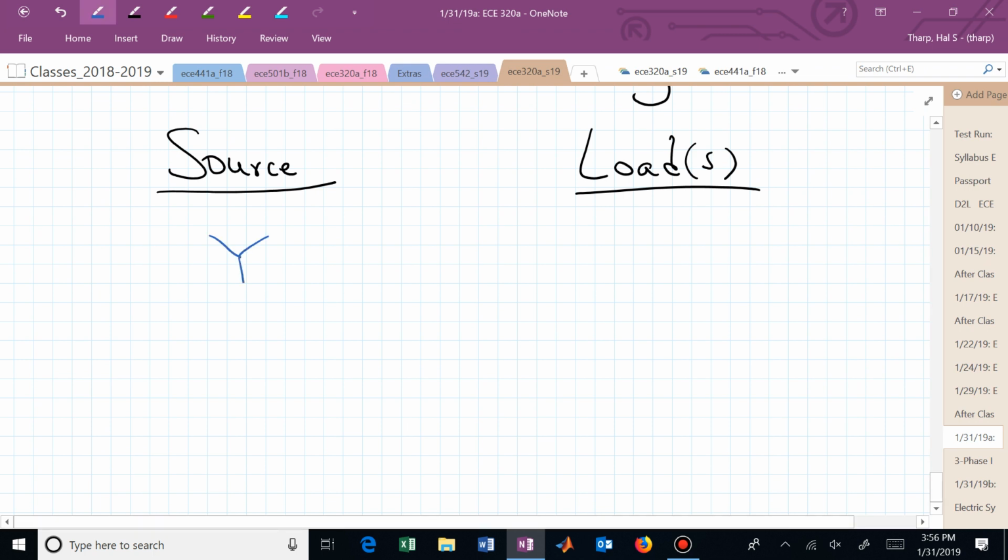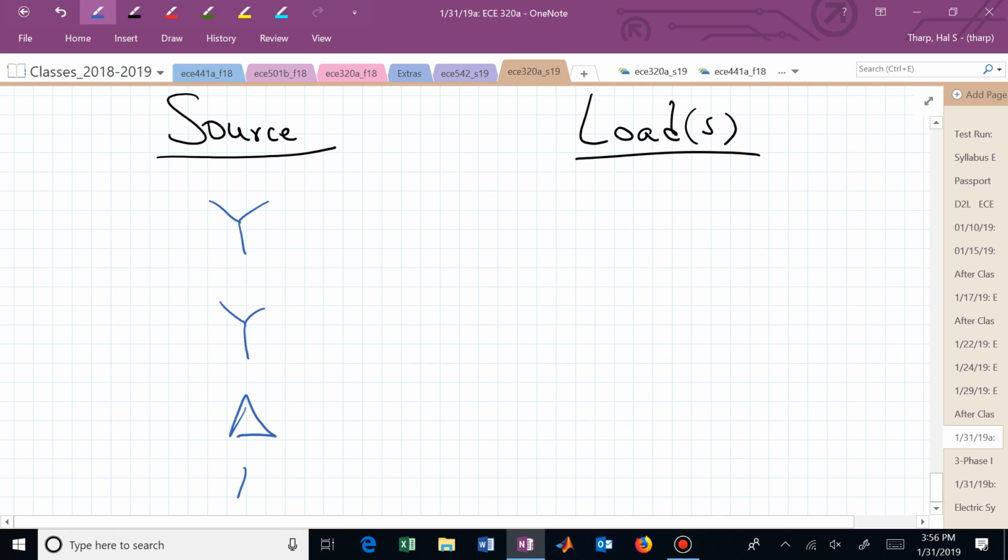Meaning for the source, we might have Y's and then deltas, and in the load, we might have a Y or a delta. So that we have a YY, a Y delta, a delta Y, or a delta delta interconnection, and you now may be asked to analyze any of those 4 possibilities.